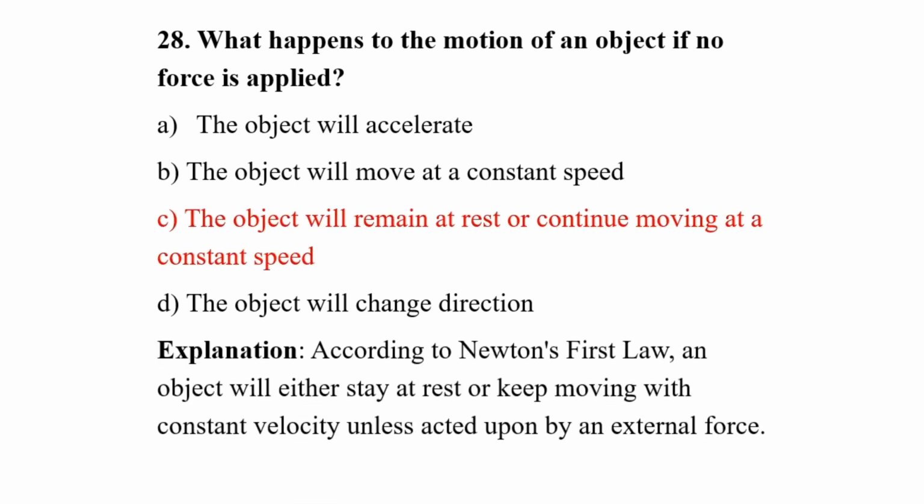The answer will be the object will remain at rest or continue moving at a constant speed. According to Newton's first law, an object will either stay at rest or keep moving with constant velocity unless acted upon by an external force.